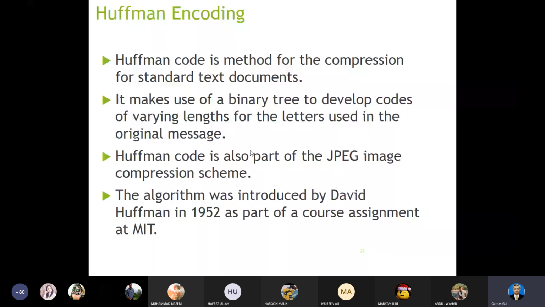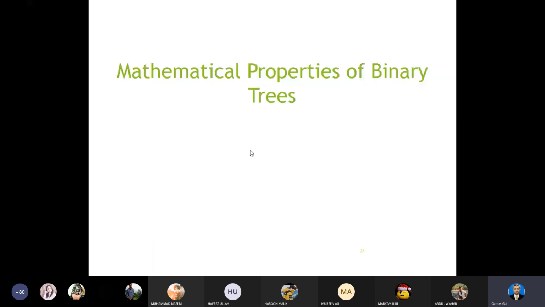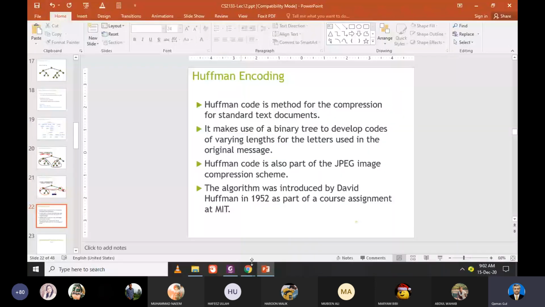And why are we discussing this here? Because this is using a binary tree. Now these were some of the applications of the binary tree.